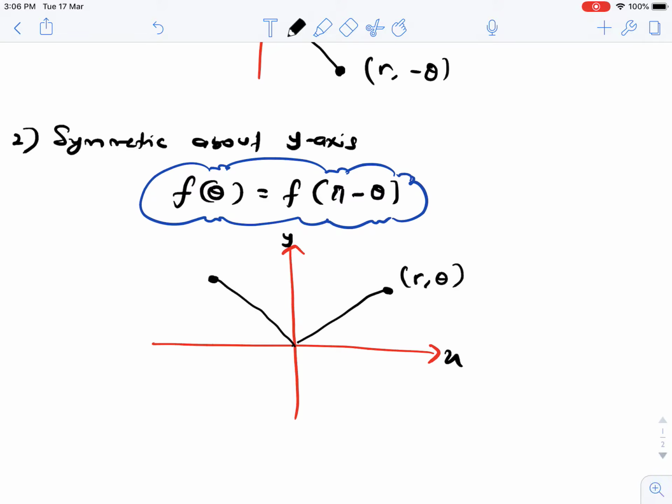Okay, so if we can show that this point can be reflected on y-axis, we have pi minus theta. So yes, we can say that the curve is symmetric about y-axis. So this is the angle theta, and this is the angle for pi minus theta.